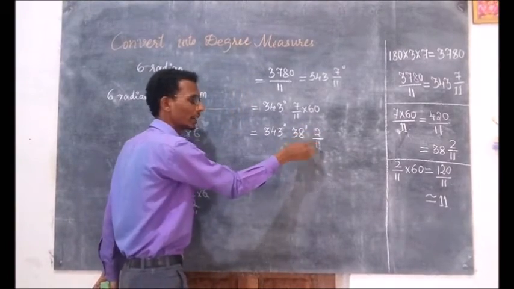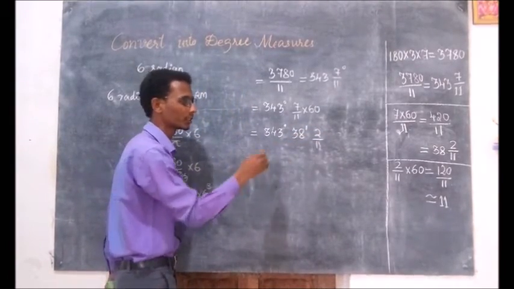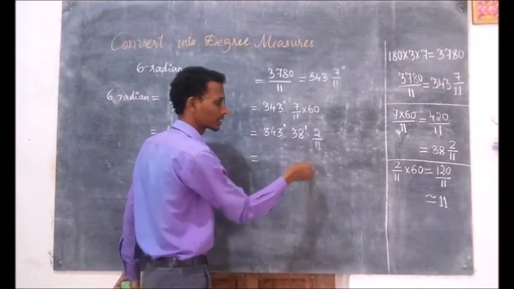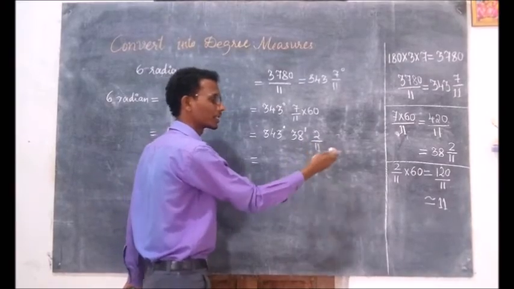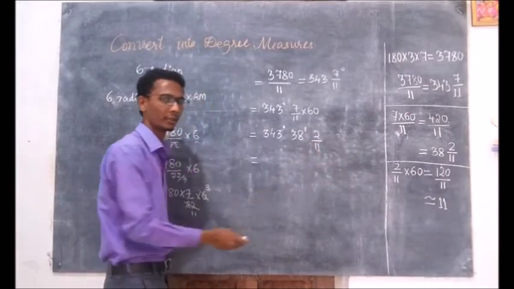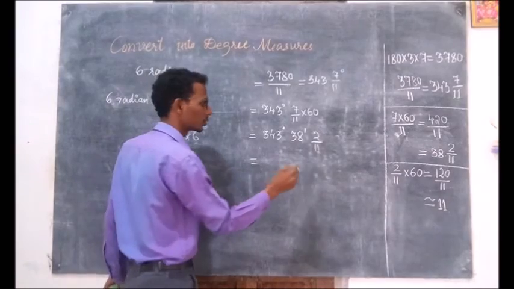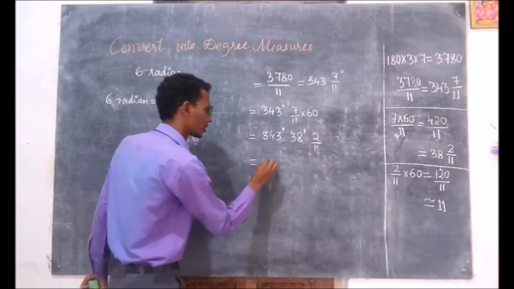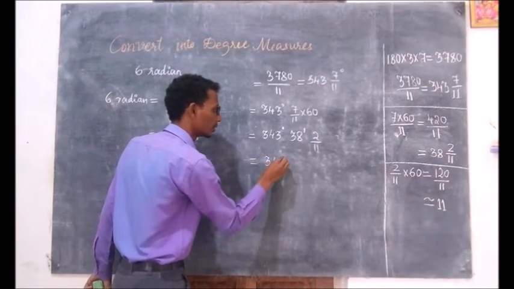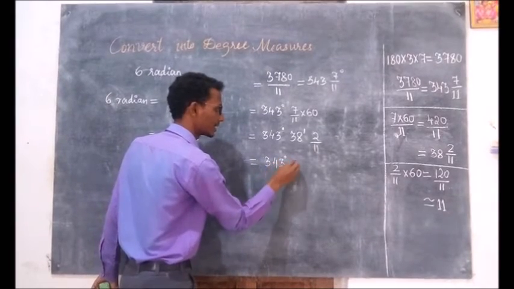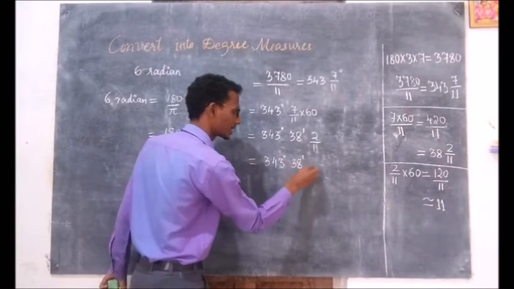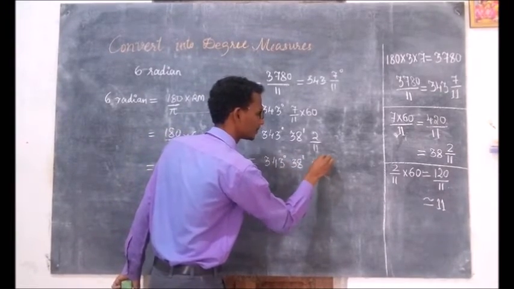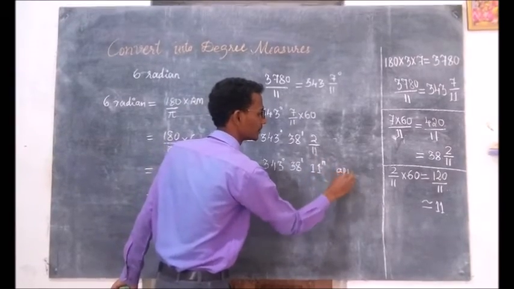So here 2 by 11 minutes must be converted into smaller quantity, that is seconds. When we convert this 2 by 11 into seconds, so that is multiplied with the 60, and we obtain 120 by 11, that is approximately equal to 11. So here that will be completely equal to 343 degrees 38 minutes and 11 seconds approximately.